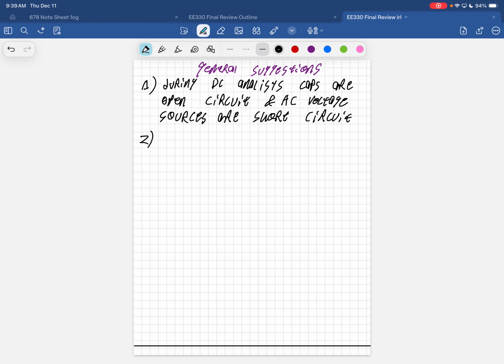Number 2, when you're doing AC analysis, then DC voltage sources and capacitors are both short circuit.